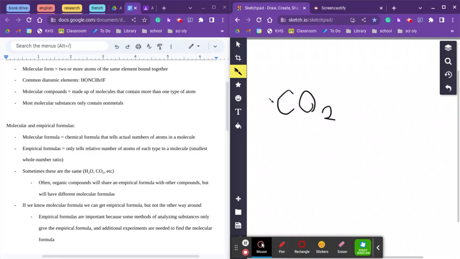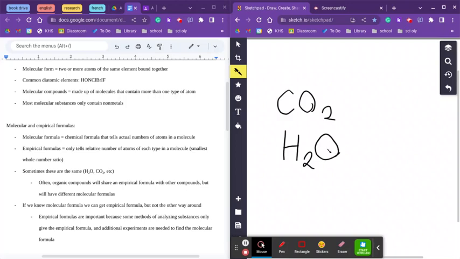That's the molecular formula because a molecule of carbon dioxide is going to contain one carbon and two oxygens. Same thing with H2O. A molecule of water is going to contain two hydrogens and one oxygen.